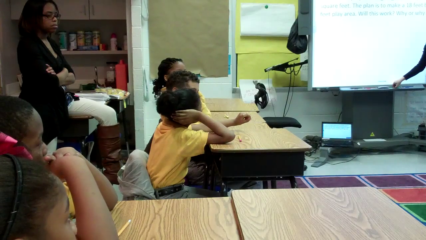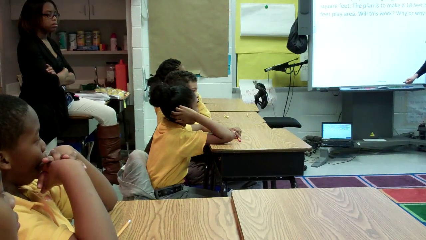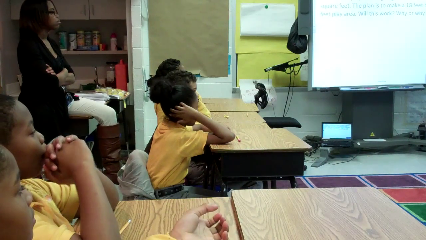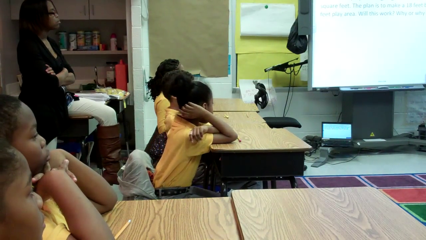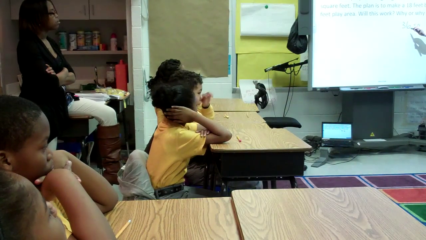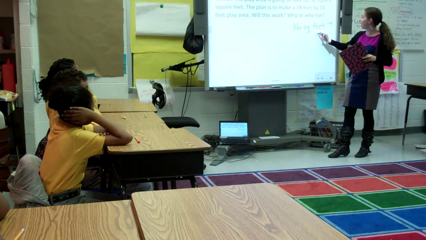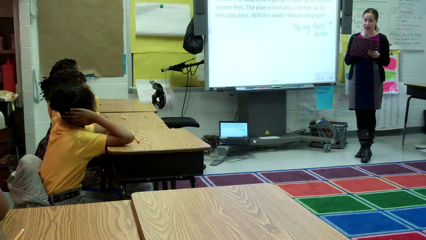Calling a friend. Shape. The unit of the shape. Interesting. I was thinking the unit of area is what I was thinking, yeah? So we got square feet and we had 36 of them, right? So we know that 36 represents the square feet, which is the area of that play space, right?